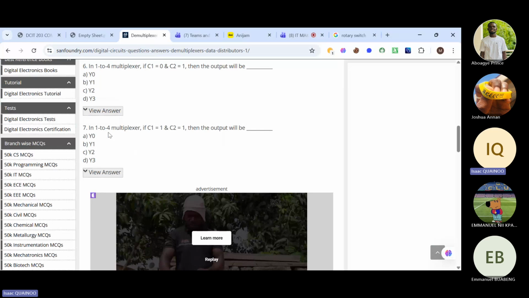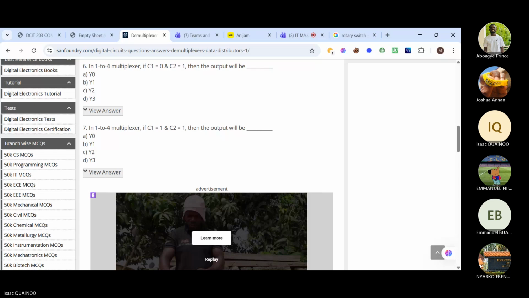So question 7. In a 1 to 4 multiplexer. Please, the 6 is 0 and 1.